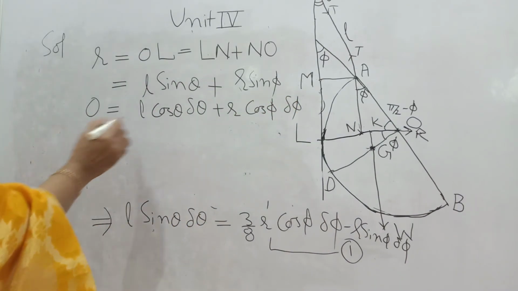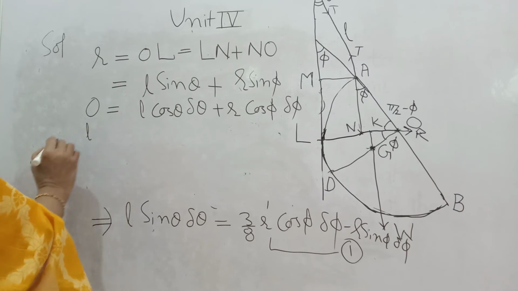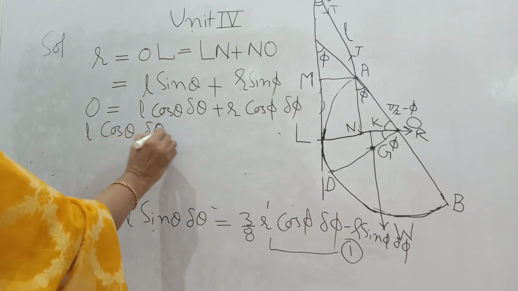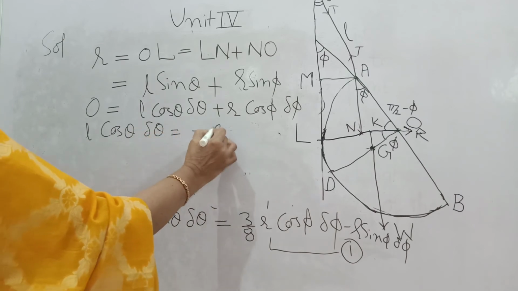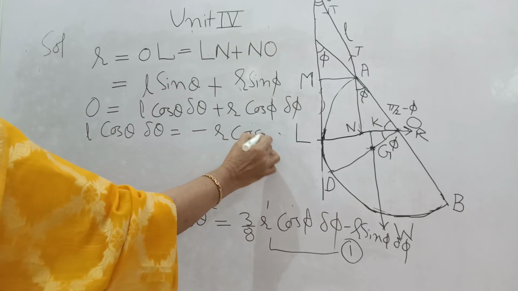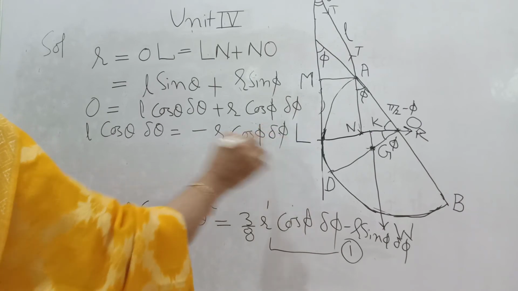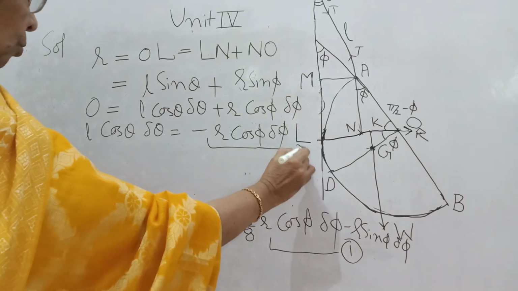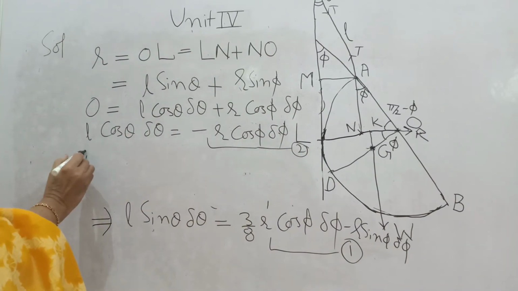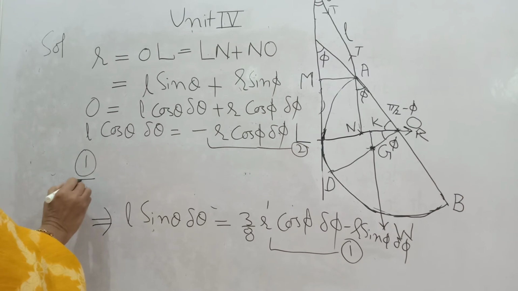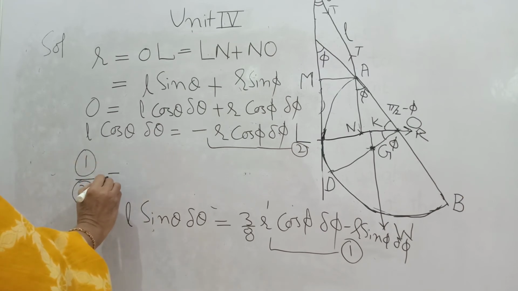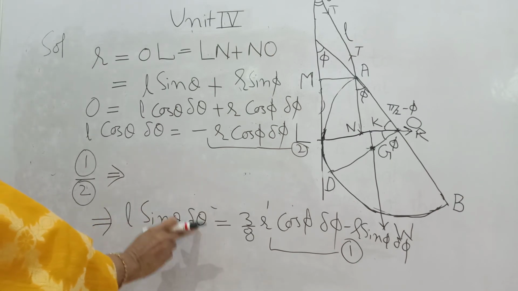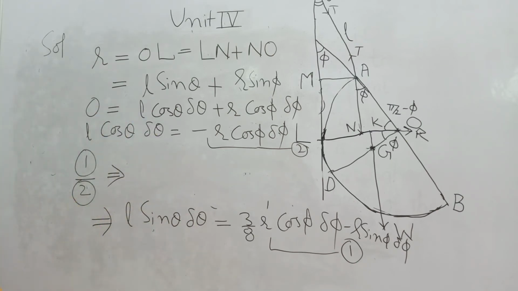Okay. Now again let us isolate. L cos theta delta theta is equal to minus R cos phi delta phi. So call it equation number 2. Now 1 divided by 2. This is L sin theta delta theta, this is L cos theta delta theta.